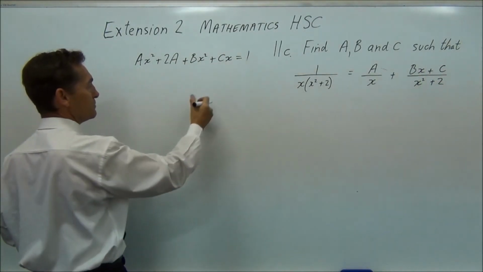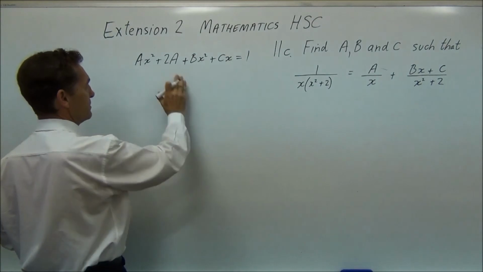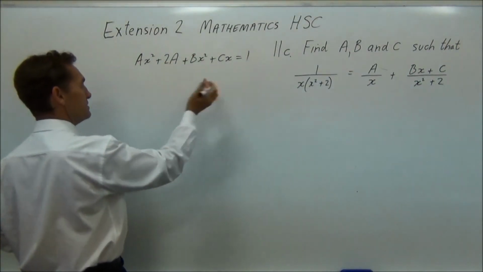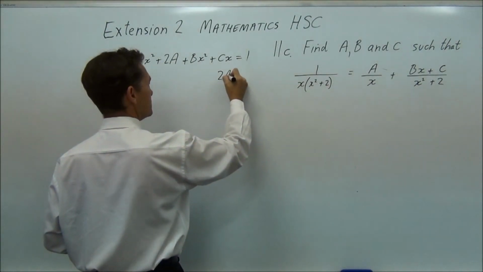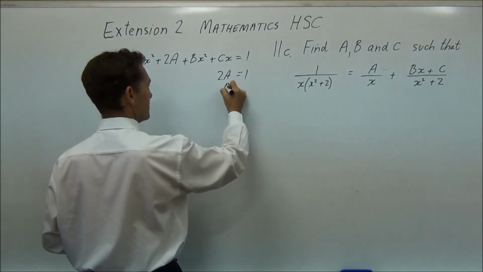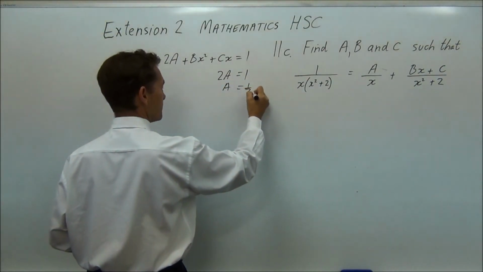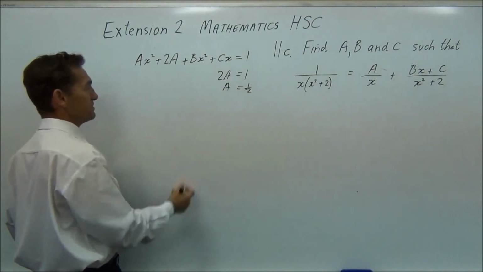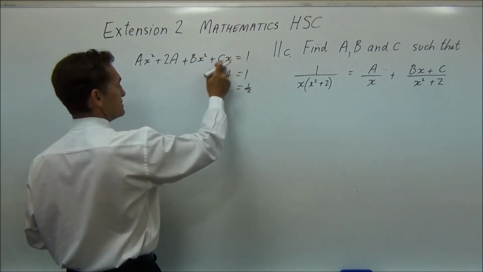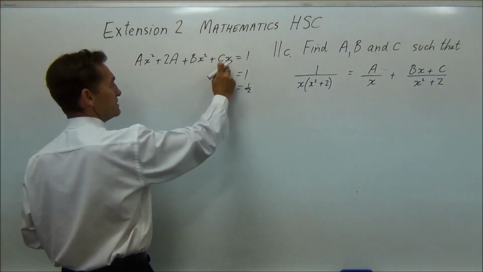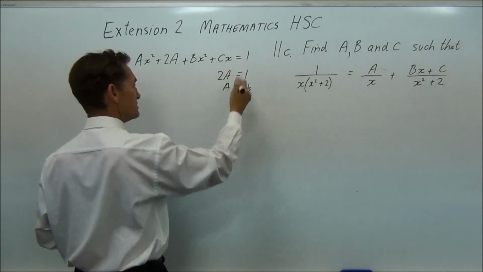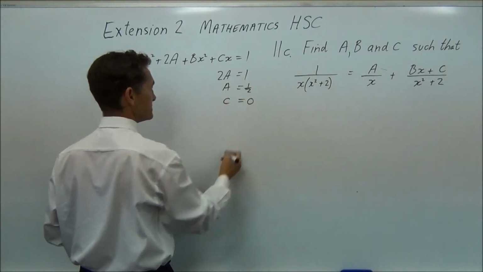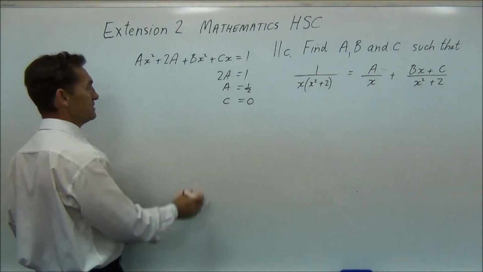Okay, so now you're just solving and wiping out things one at a time. The only thing on its own is 2a, so pretty clearly 2a equals 1, so a equals a half. Okay, that's the first step. There's no x's here, there's no other x's, so cx must equal 0, so c must equal 0. That's pretty easy.